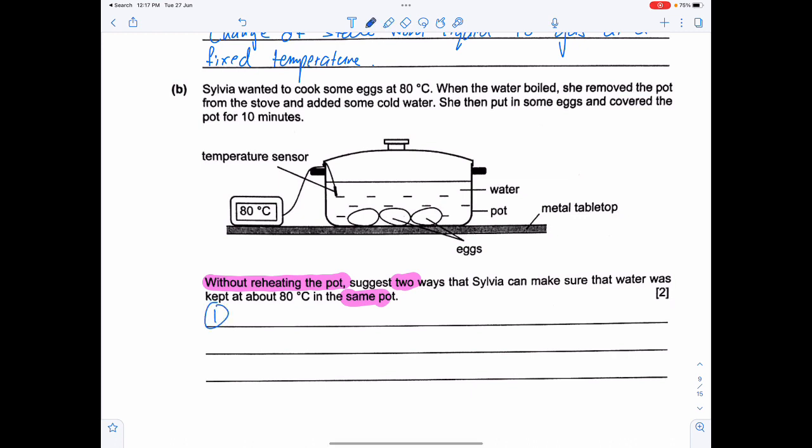The first way is that you can actually state that you can place a covering or poor conductor of heat around the pot.